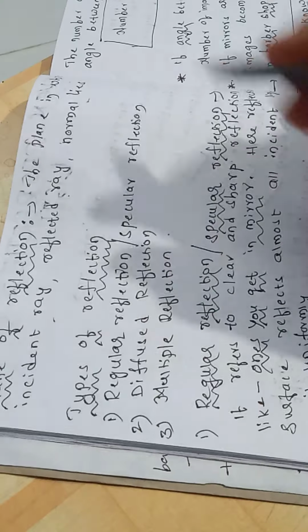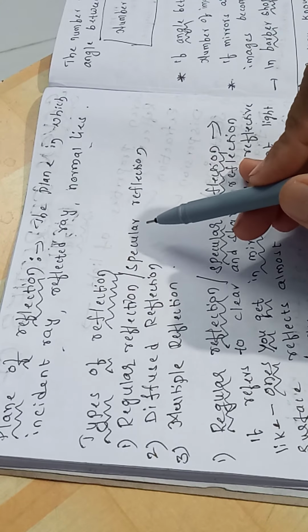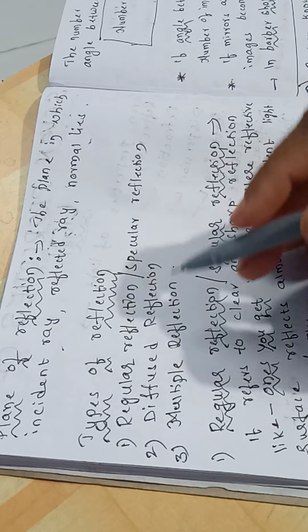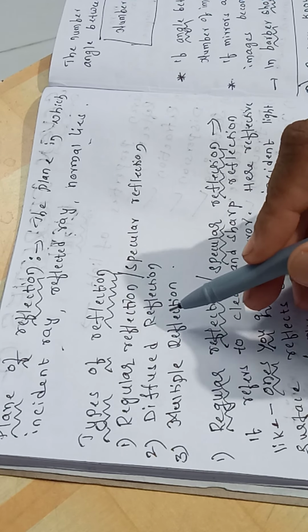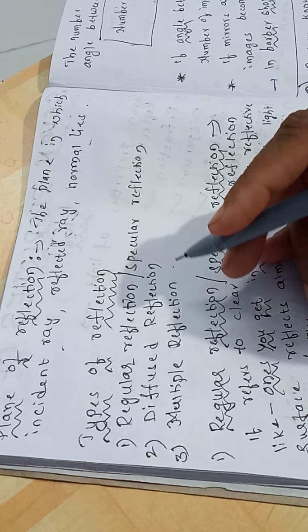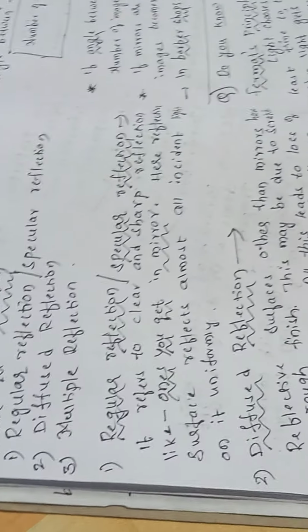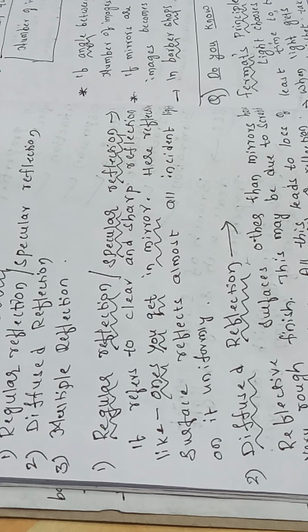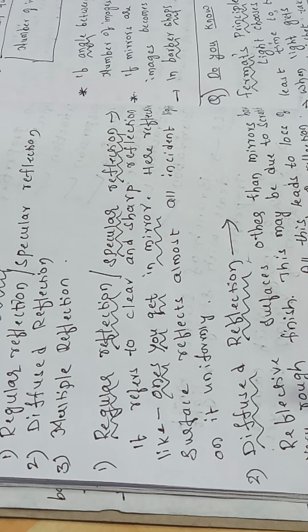Now similarly, reflection is of 3 types. One is regular reflection. This is also called as specular reflection. Other is diffused reflection, and the third one is multiple reflection. So regular reflection means the reflection which takes place from smooth mirrors.